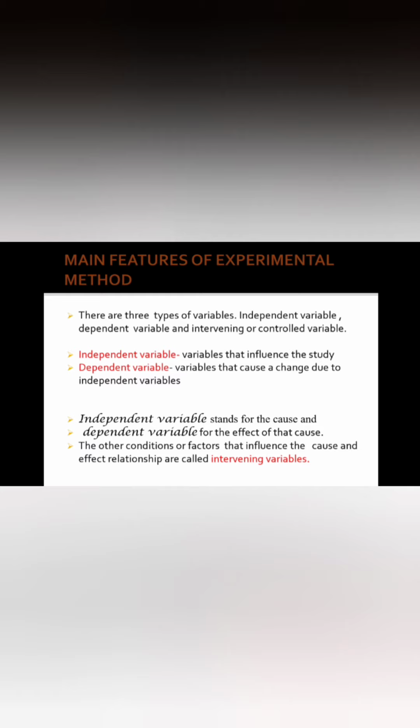The independent variable can be manipulated. It stands for a cause while the dependent variable stands for the effect of that cause, and its value depends on the change of the independent variable. The other conditions or factors that influence the cause and effect relationship are called intervening variables.